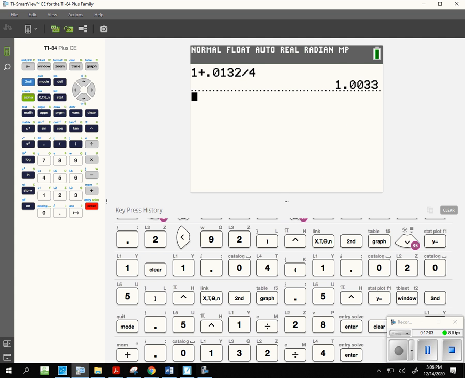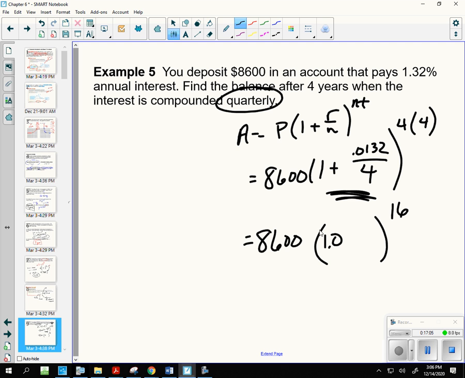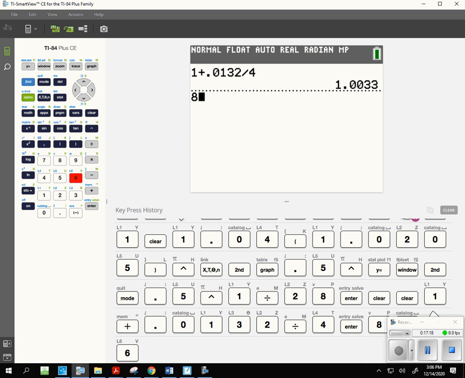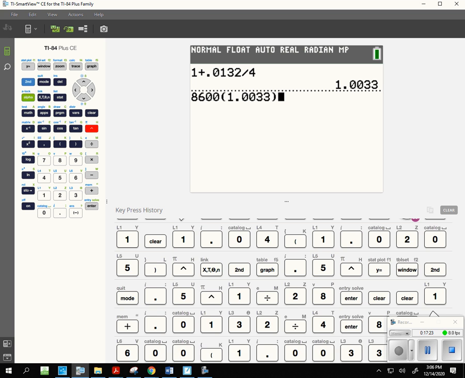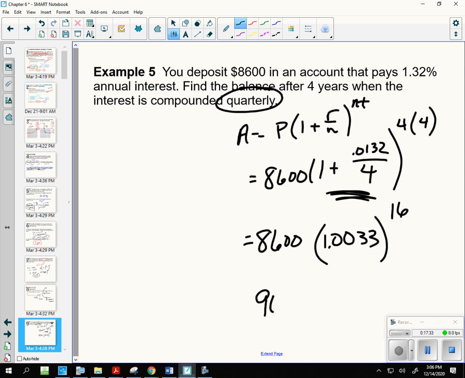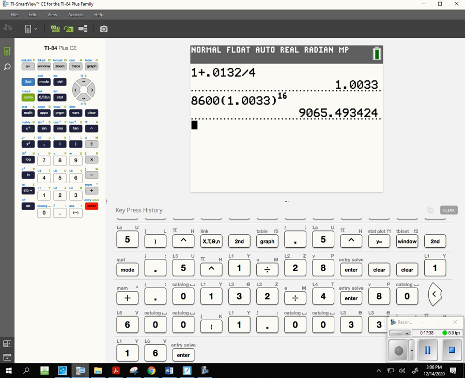I typed it incorrectly. It is 1.0033. Now, 8,600 times 1.0033 raised to the 16th power, and enter. And I get $9,065.49.